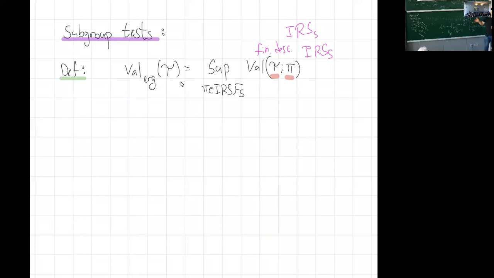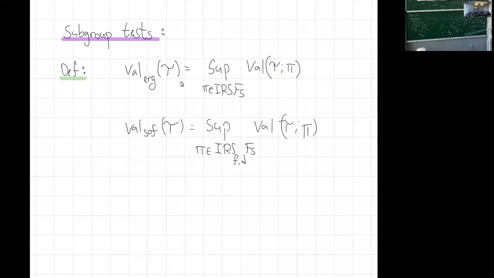And you can think of the IRSs as essentially the strategy of the prover, right? So let's just think of the IRSs as strategies. I can take the supremum over all possible strategies, over all possible IRSs, and I can take the supremum only over the finitely described IRSs. So the first one we will call the ergodic value of the test.